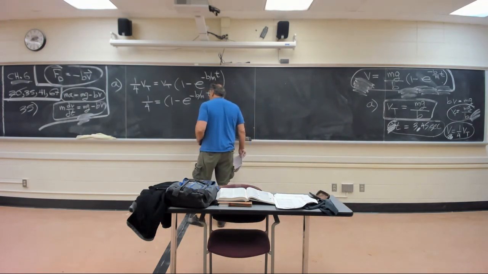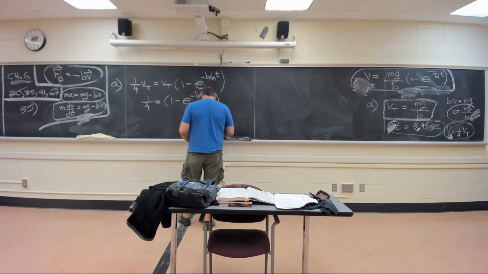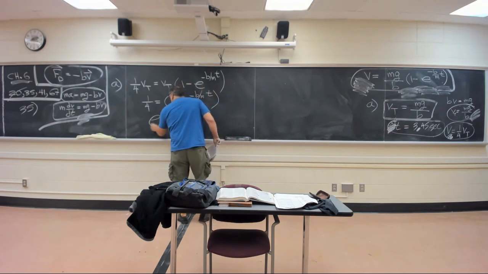See what I can do. Let me add a positive e to the negative b over m times t on each side, and let me subtract 1/4 on each side after I do that. Fair enough?